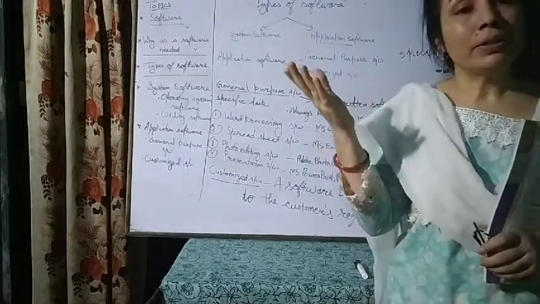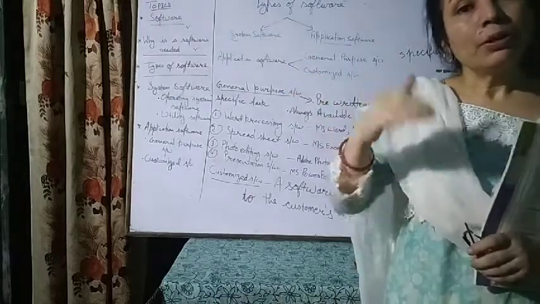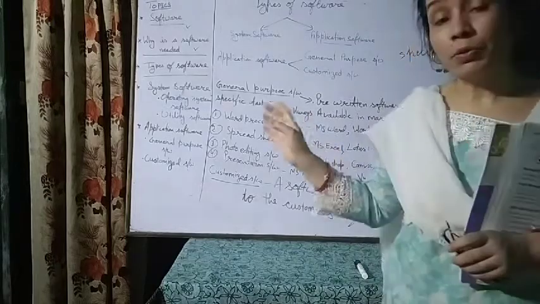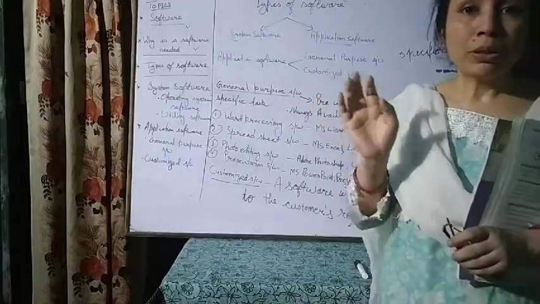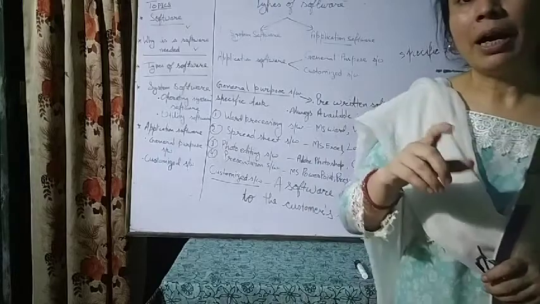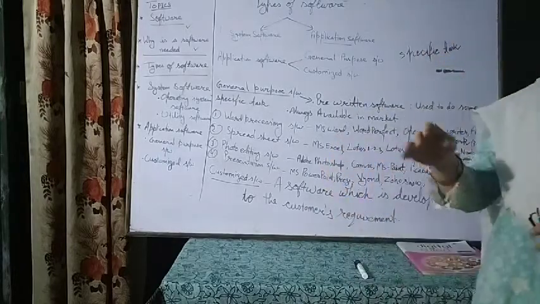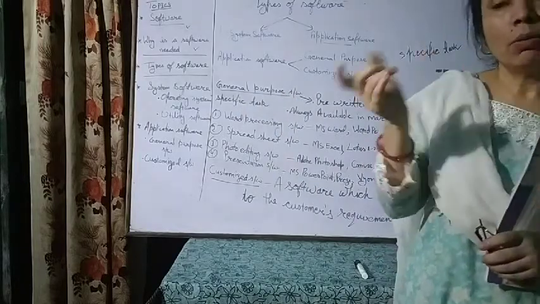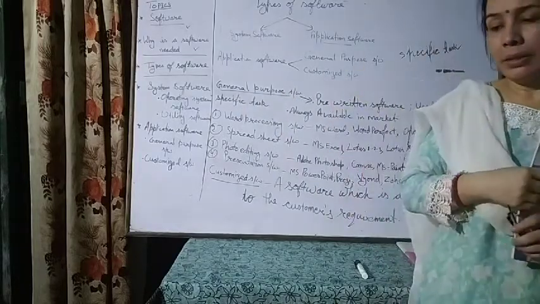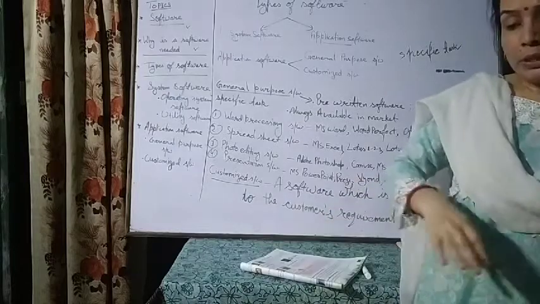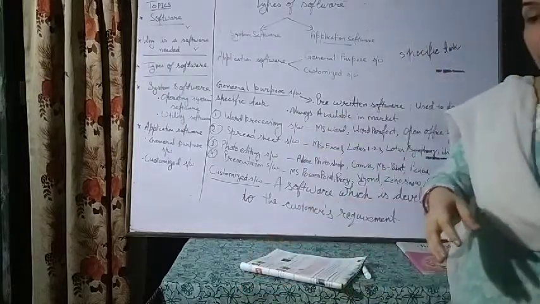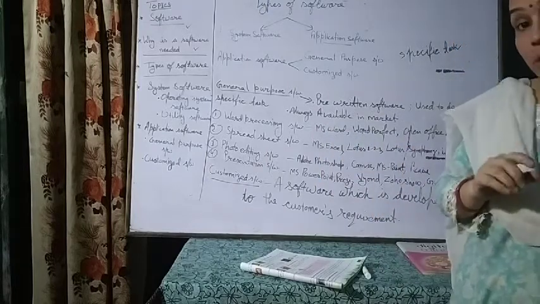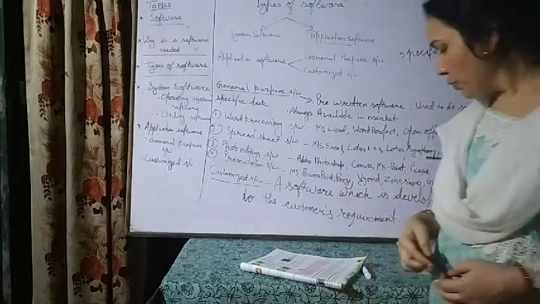And at the railway reservation center, they also use customized software. Those are not general purpose software which are available in market. They use special software which are developed for bank, for railways, for Coal India Limited company, like that. So software which are developed according to the user's requirement are called customized software.